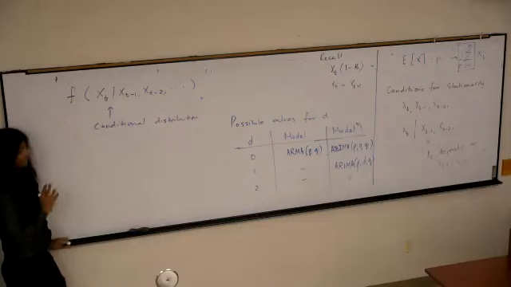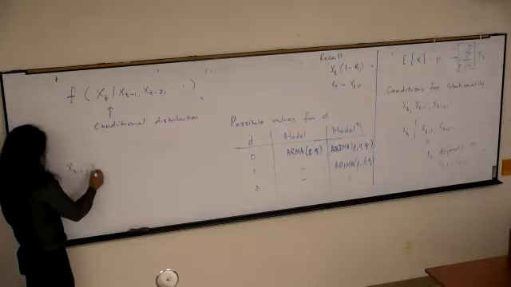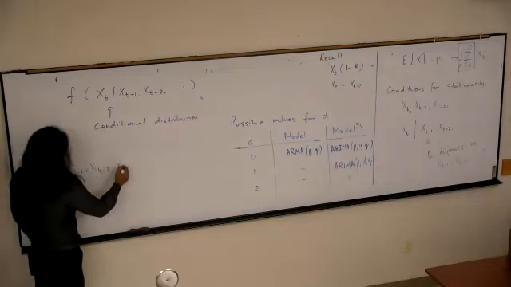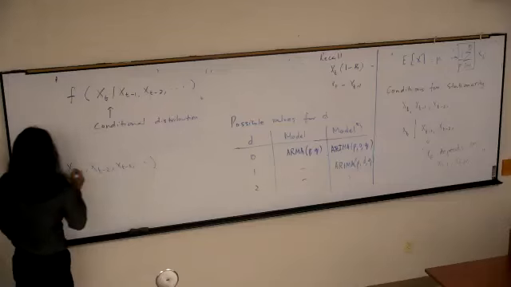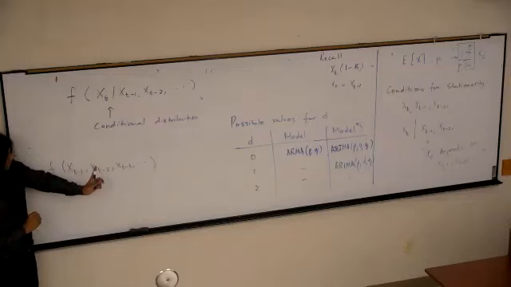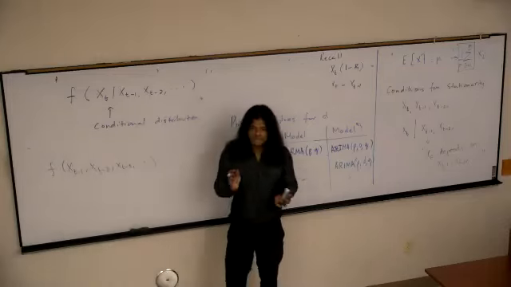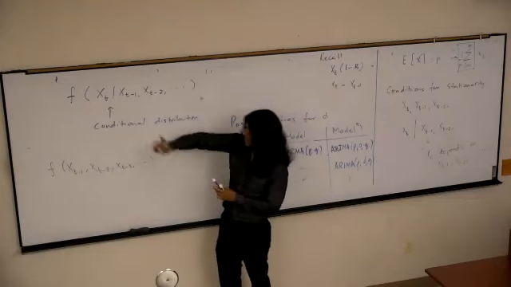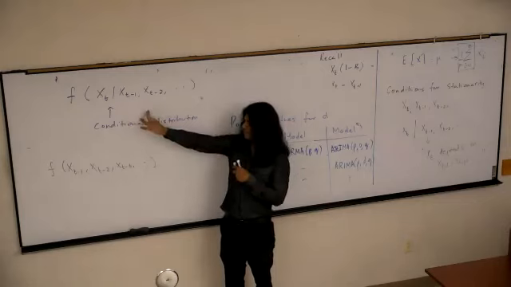For a series to be stationary. Let's start with this: Xt-1, Xt-2, Xt-3. This is not a conditional distribution, which is why I wrote that. There is a difference between the two.